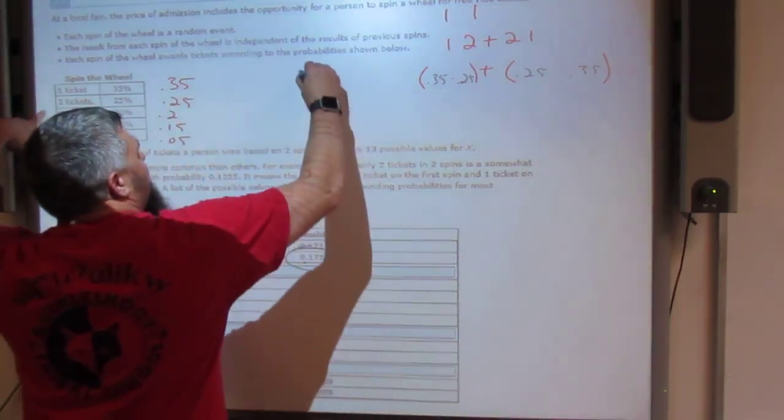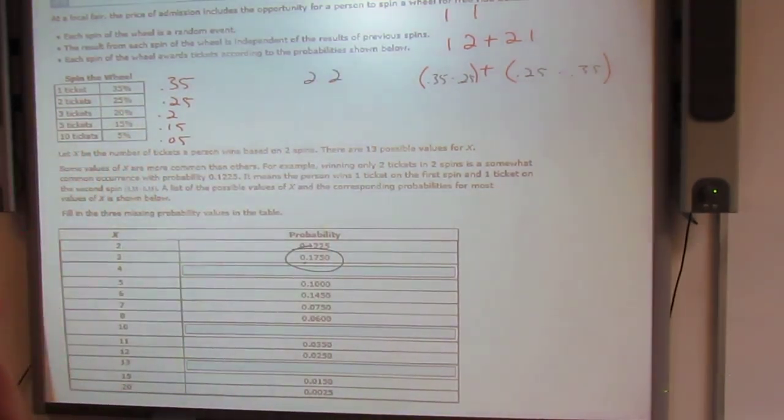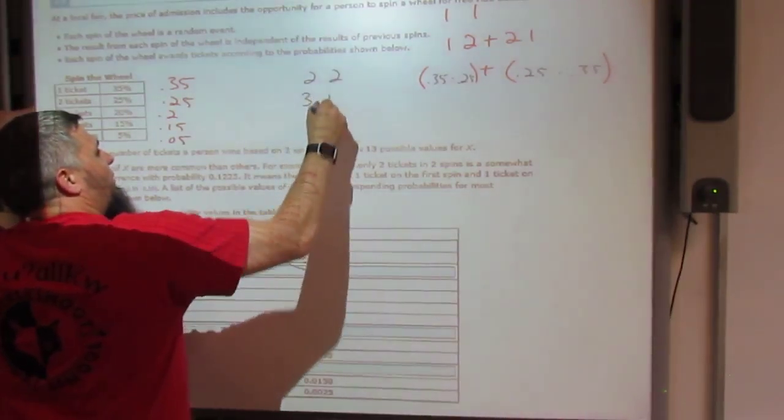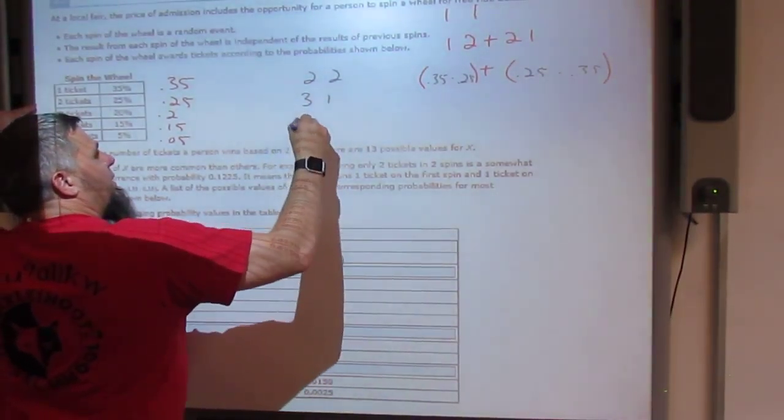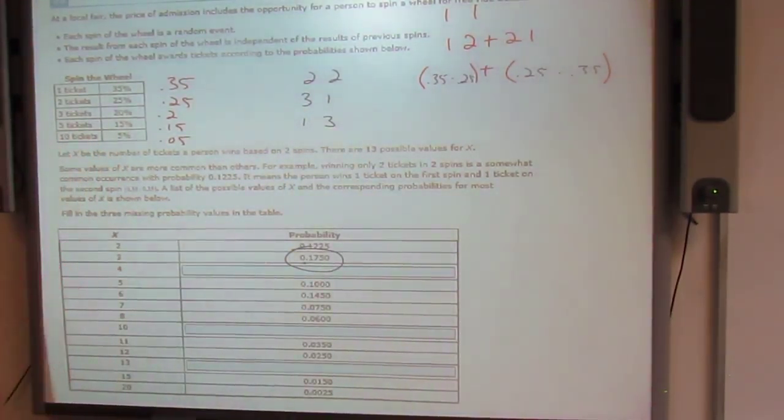I know I need 2 and 2. There's only one way to get 2 and 2. But I can also get a 3 and a 1, or a 1 and a 3. And I have to add all of those possibilities up. So now I take those probabilities.